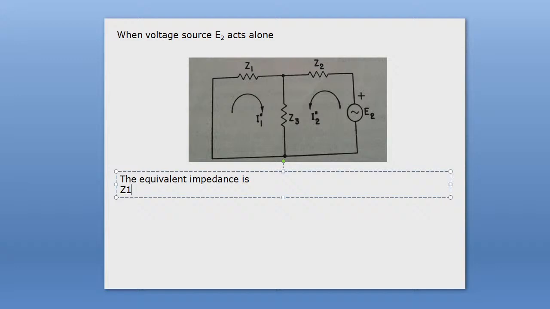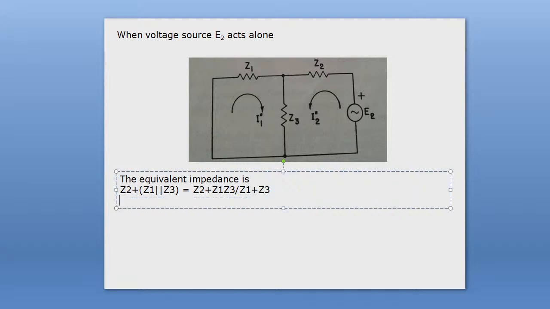Sorry, I made a mistake. Z2 plus the parallel combination of Z1 and Z3. So you can write this equal to Z2 plus Z1 Z3 divided by Z1 plus Z3. This is the equivalent impedance.